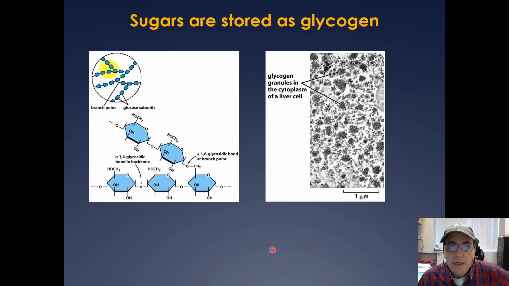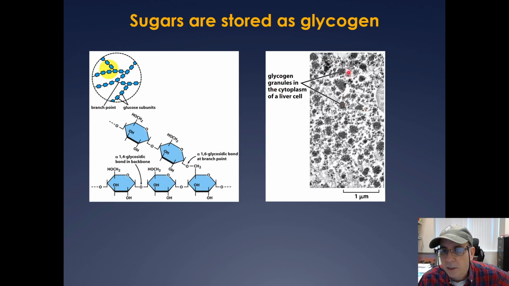Now on to other energy stores. In the case with sugars, these can be stored as glycogen, right? And we already saw the condensation reaction where glucose can be added to glycogen. These glycogen stores are often within the cell.